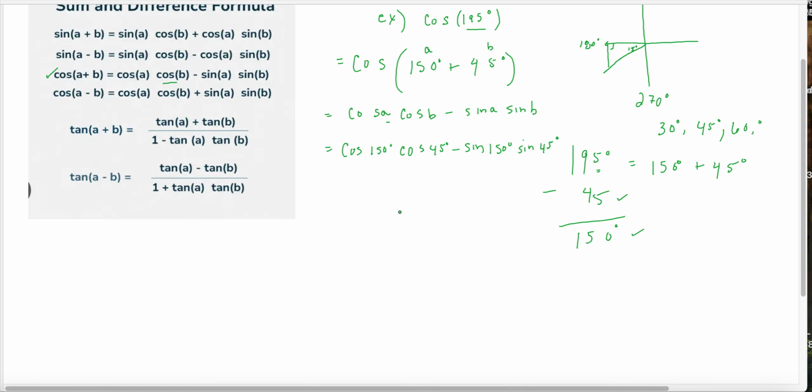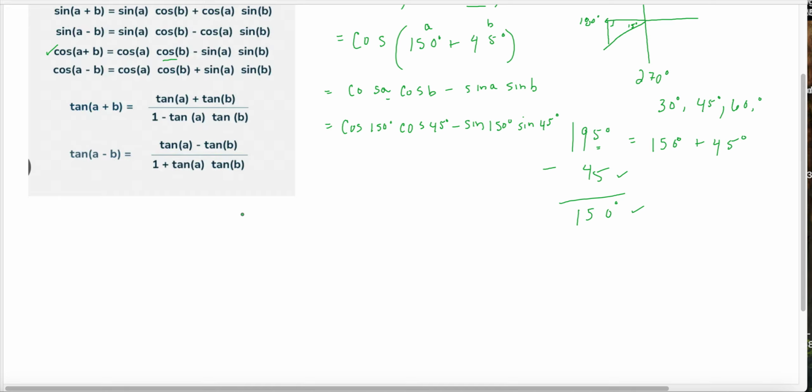So let's think about this. Let's start with cosine of 150. I'm going to go ahead and draw that triangle. Again, if this is 180, 150 would be here in quadrant 2, and that's where I'm going to draw my triangle.